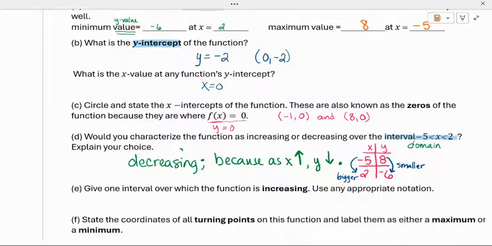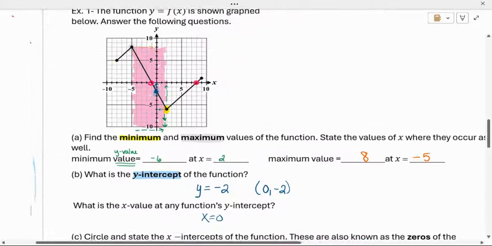Question E says give one interval, so again, we're going to use the x-coordinates. Give one interval over which the function is increasing. So I'm going to go back up to our graph, and I'm going to highlight in light blue where the function is possibly increasing.